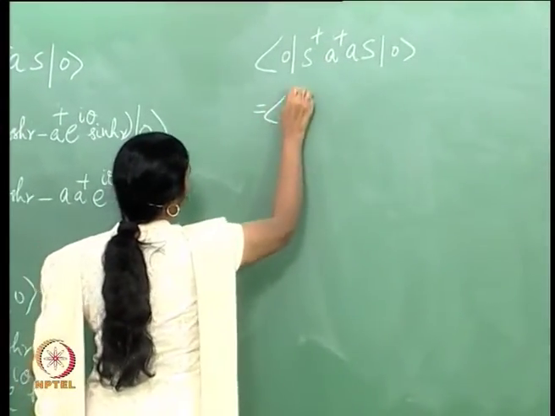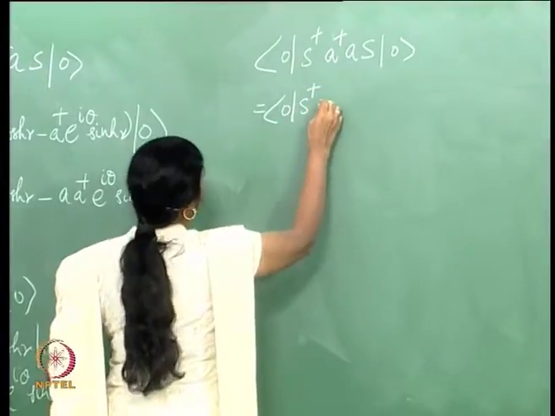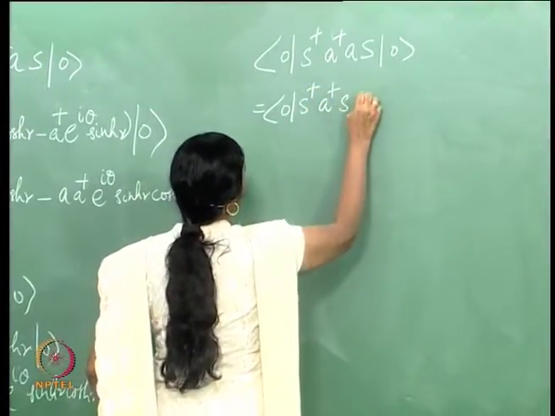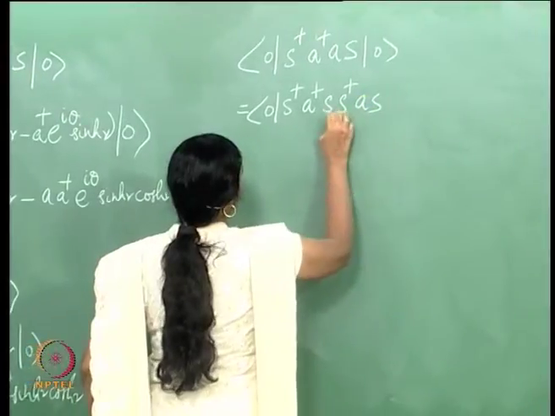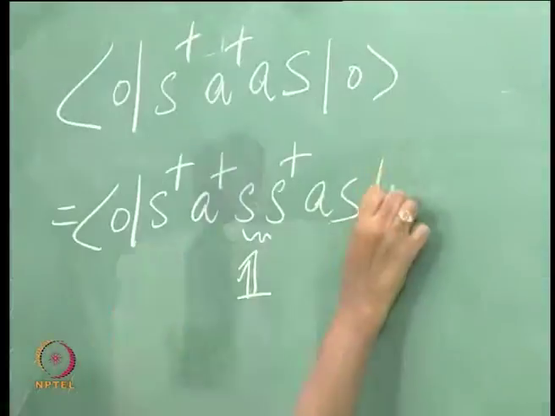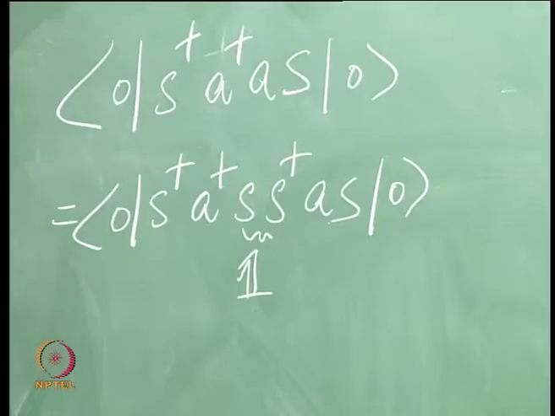Once more I use the old trick and I introduce an S† in between here on ket 0.